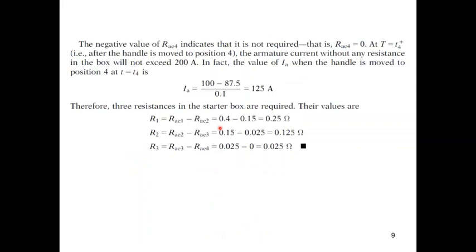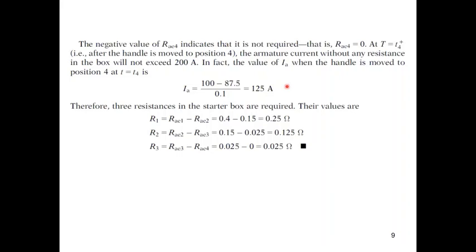So if we applied point number 4, the current will not reach 200. Can you see? The current is 125 amps only. So we don't need this step. We can operate the machine using only 3 steps. Our number of points is higher than the number of steps by 1. Okay?